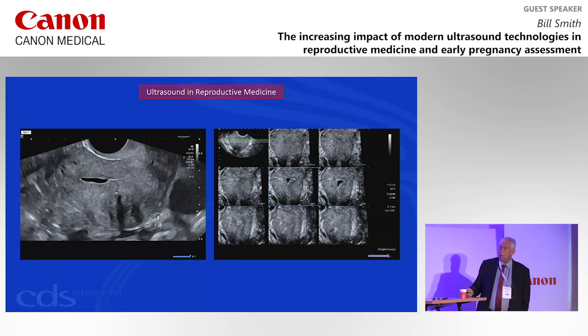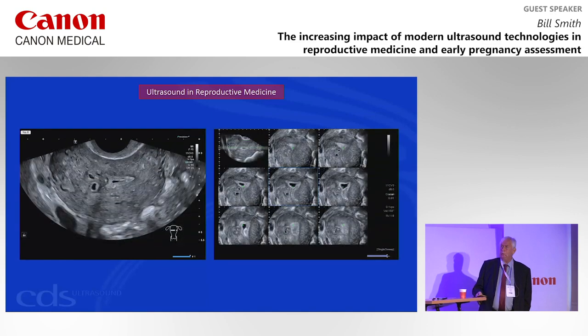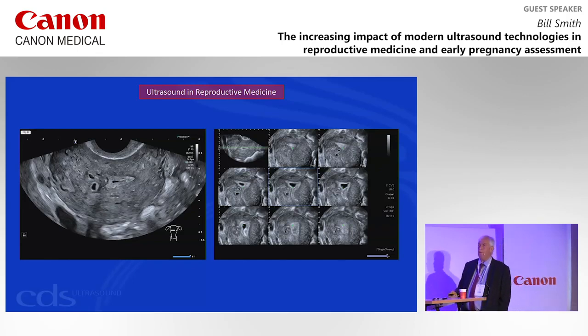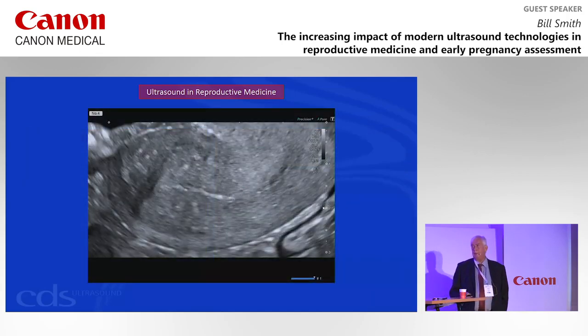You look at the myometrium there, it is slightly irregular, but these are recent appearances after several cycles of estrogen therapy as part of that infertility treatment. So you have to be very, very careful in terms of the management of infertility, particularly if there is evidence of adenomyosis picked up at an early stage.